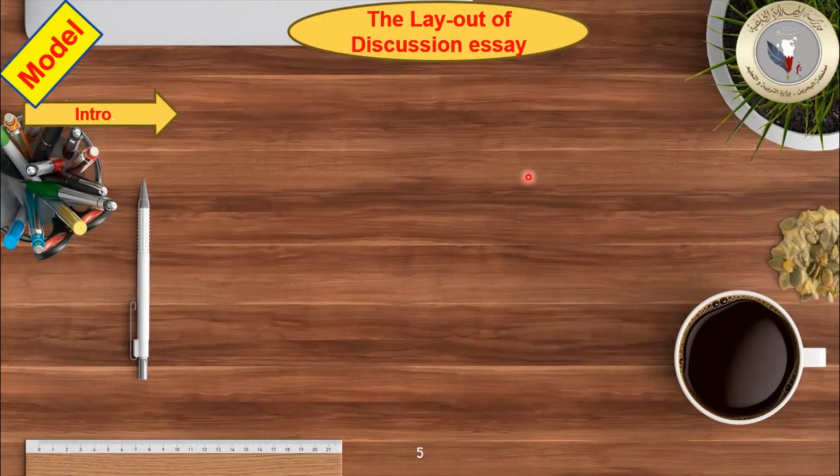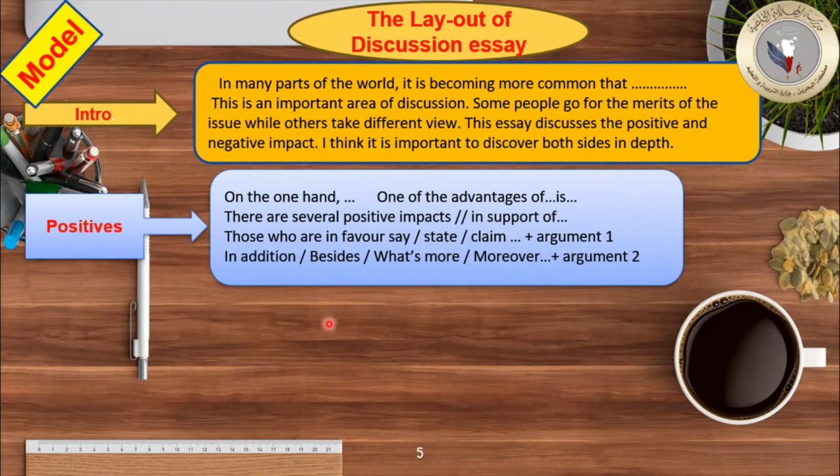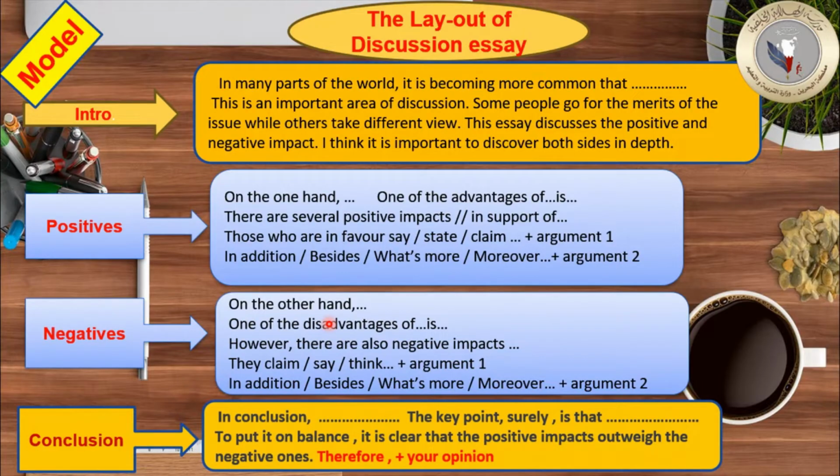Now, I can give you a model of some examples of styles. You can select among them whatever you want, or you can write in your own words, your own style. It's up to you. I can start the introduction like that. In many parts of the world, it's becoming more common that this is an important area of discussion.